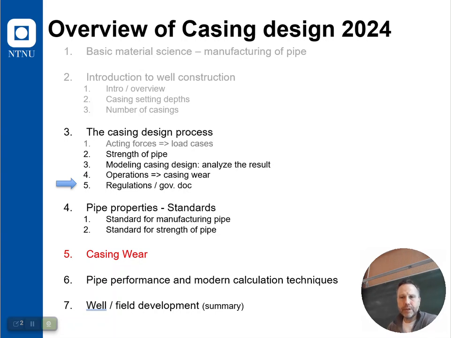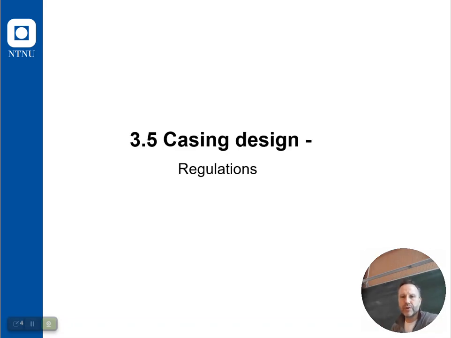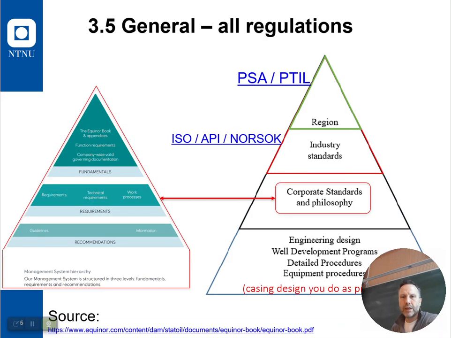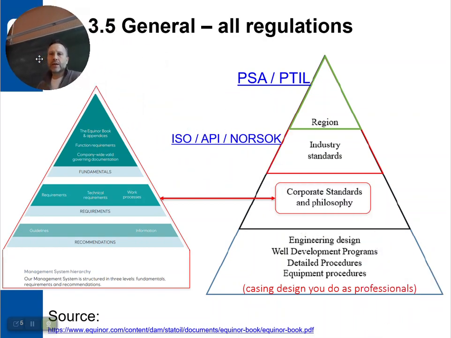All right. This is the overview of chapter 3, casing design process, design analysis. We are baking that into a few sub-activities in the other chapters, so we're skipping straight to the regulations. And here you'll see an overview to the right, typically international.